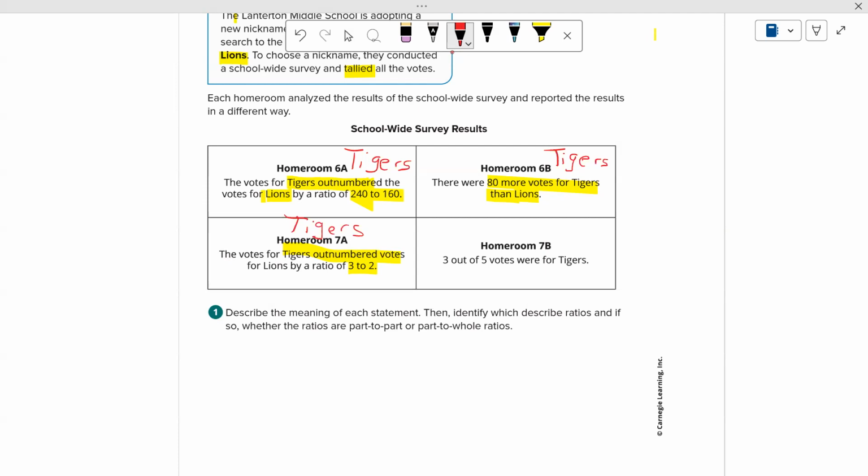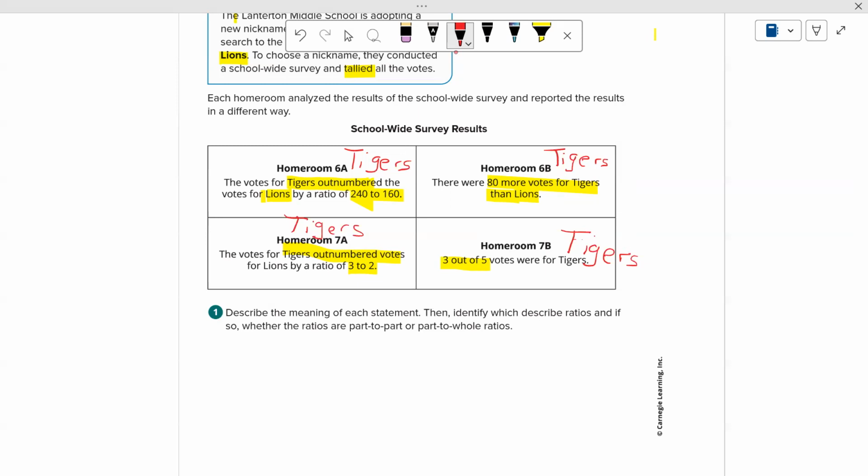If there were 5 votes and 3 of them were for Tigers, there were more Tiger votes than Lion votes, because 3 out of 5 means there were 5 total votes and 3 of them were for Tigers, and that means 2 of them were for Lions.